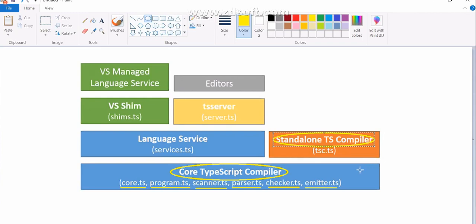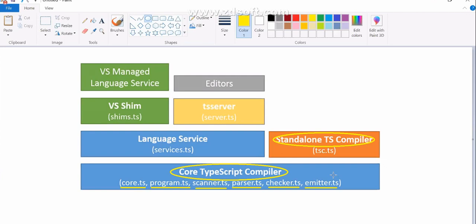This standalone compiler will take the compiled TypeScript file and translate it into JavaScript. So converting the TypeScript file into JavaScript is managed by the standalone compiler.